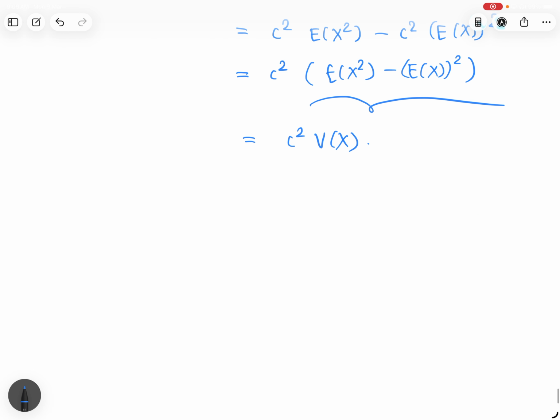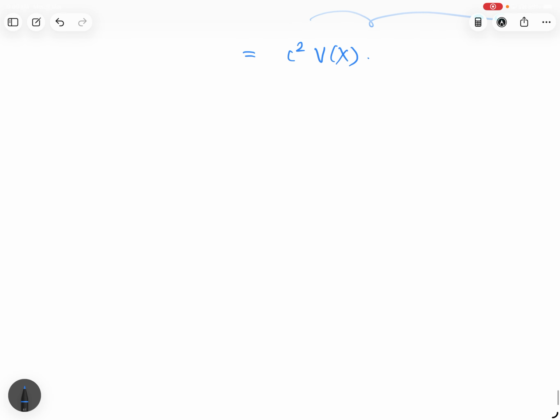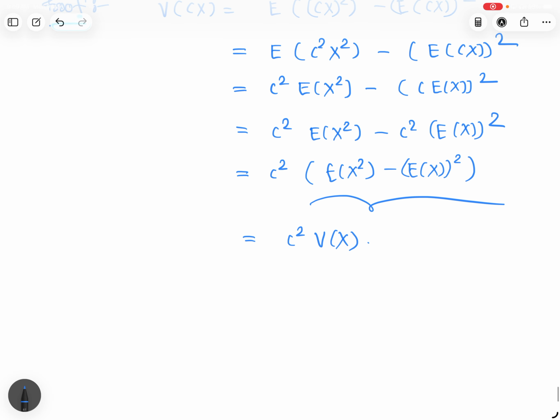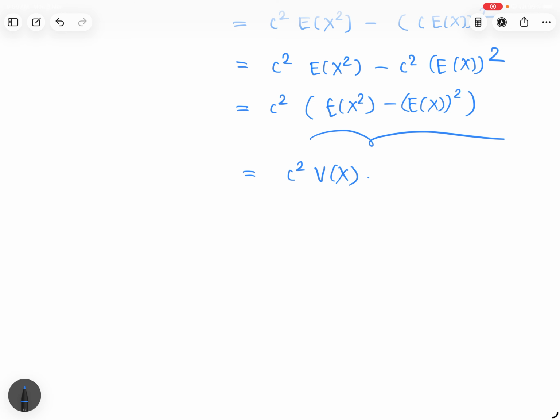Now property 3. Please note it down. Property 3.